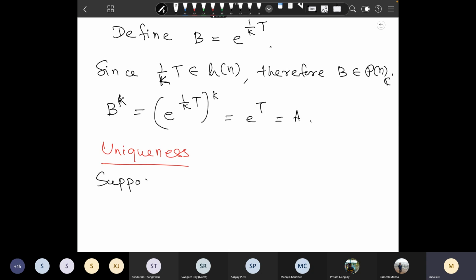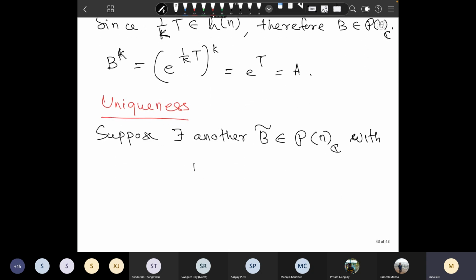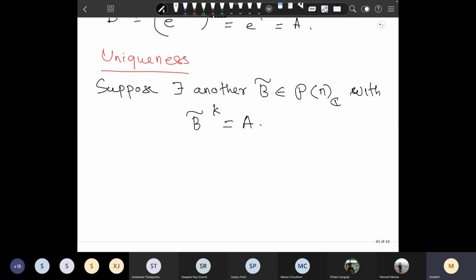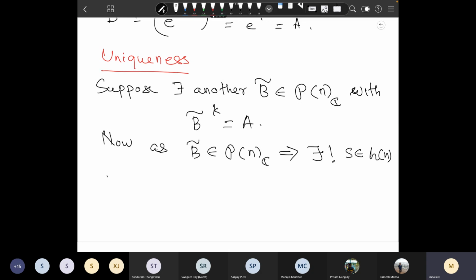Suppose there exists another B tilde belonging to P_n(C) with B tilde to the power k equal to A. Now, as B tilde belongs to P_n(C), this implies there exists a unique S belonging to H_n with e to the power S equal to B tilde.